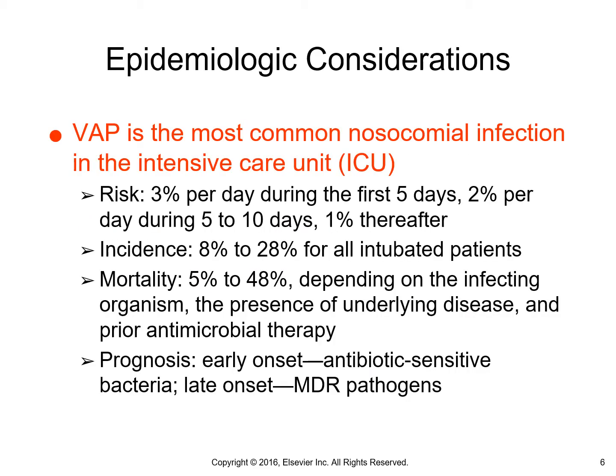VAP is considered the most common nosocomial infection, so something that you acquire in the hospital. Your risk is 3% per day during the first 5 days, and then 2% per day from 5 up to 10 days, and then 1% afterwards. The incidence, this is something you're going to see as a question, so highlight this. Your incidence is 8 to 28% for all intubated patients.